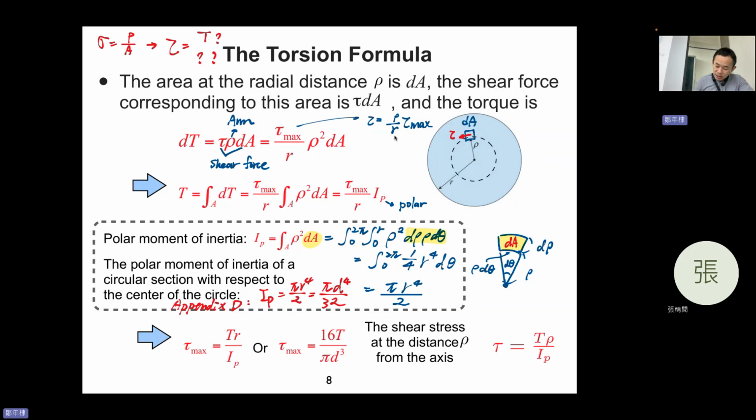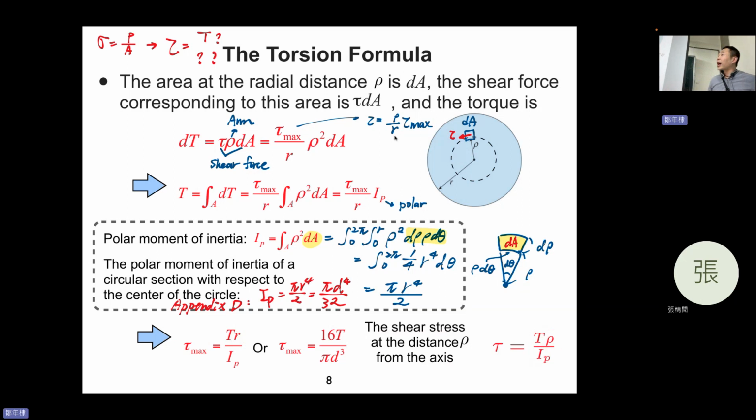So if you can accept that, our tau max equals T r divided by IP. Tau max equals T r over IP, or tau max equals 16 T over pi d^3. And the shear stress at a distance rho from the axis, tau equals T rho divided by IP. So r becomes rho, everything is okay.